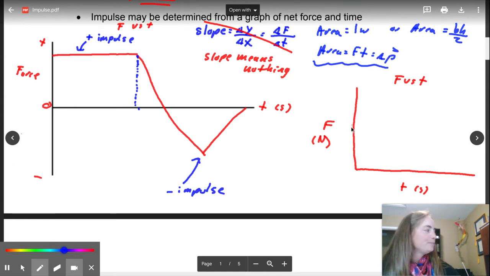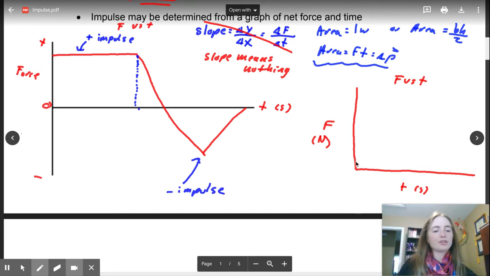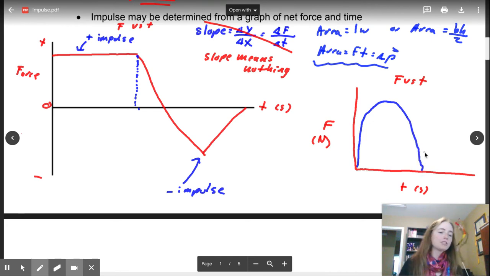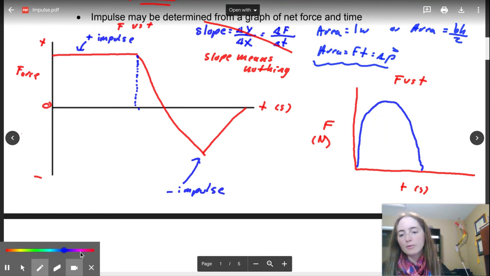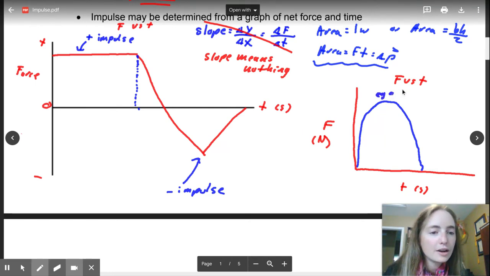As the egg starts to touch the hard surface and continues to be in contact with it, it's going to experience more force. And then after it's smashed to smithereens, it's going to experience less force. So this is egg on hard surface.